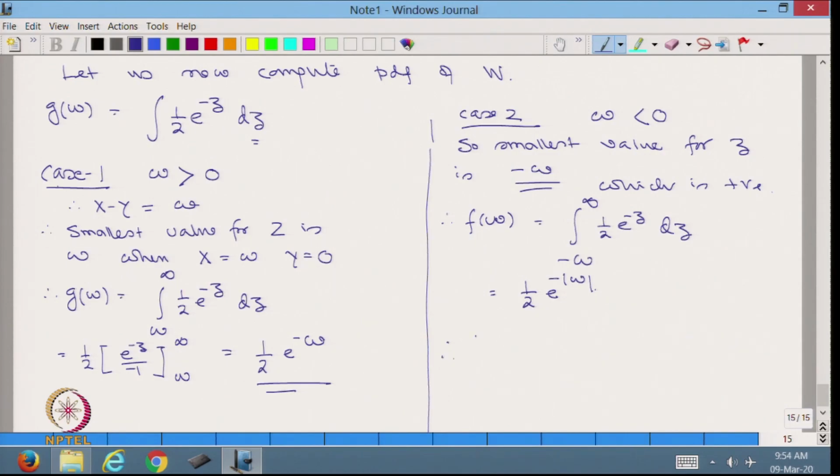Therefore, PDF of w is equal to half e to the power minus mod w when minus infinity less than w less than infinity. This is called double exponential distribution.